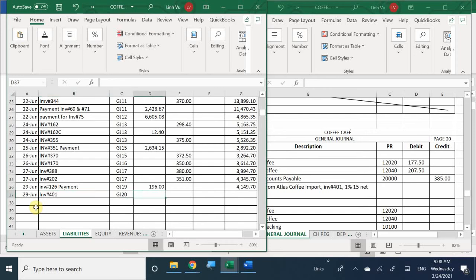General Journal 20. And we're increasing it by a total of 385. So what was my ending balance? 45.30.